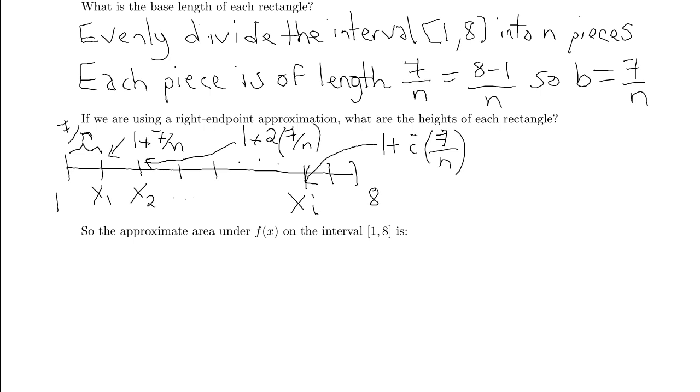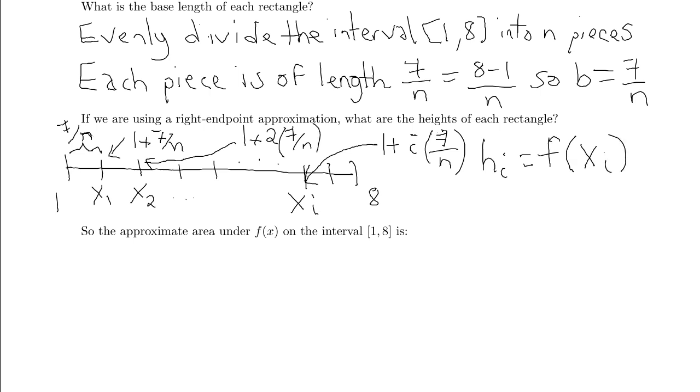We know it's somewhere between 1 and 8, but what specifically is it? Well, it's going to be 1, so the first point in my interval, plus i times the distance of each little subinterval. So that's going to be the x value. So if I want to find my height, if we want to call it hi, my height of my rectangle is going to be my function f evaluated at xi, right?